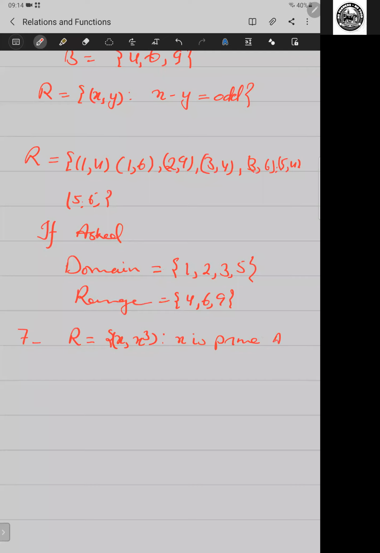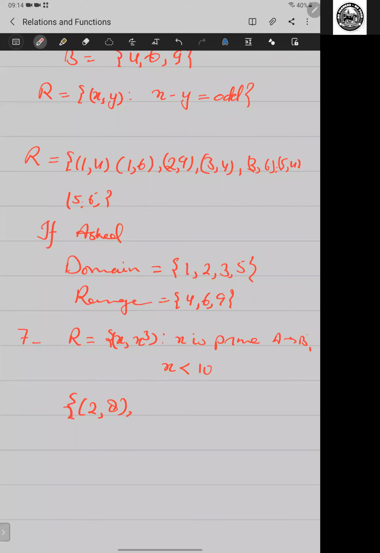Relation is A to B. Now, main thing you must keep in mind, x is prime and x must be less than 10. So prime numbers less than 10 are 2. Then 2 cube will be 8. 1 is neither prime nor composite.